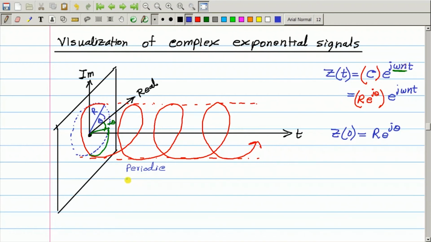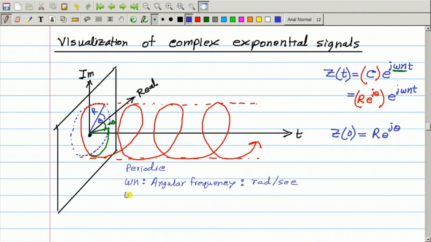In fact, omega n gives us the angle through which the spiral rotates per unit time, and we call it the angular frequency, which has a unit of radian per second.